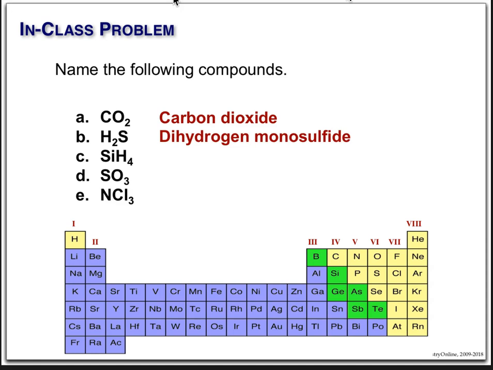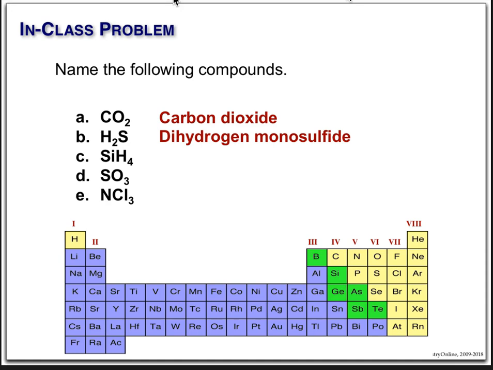We have 1 silicon. So we're going to simply call that silicon. For hydrogen, the root is hyd. Going to make it the anion, so it's hydride, second element. And we have 4 of them.